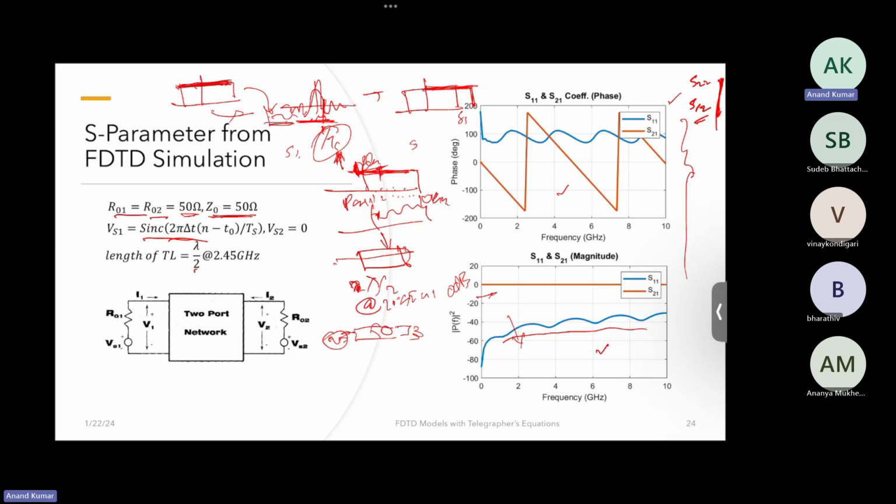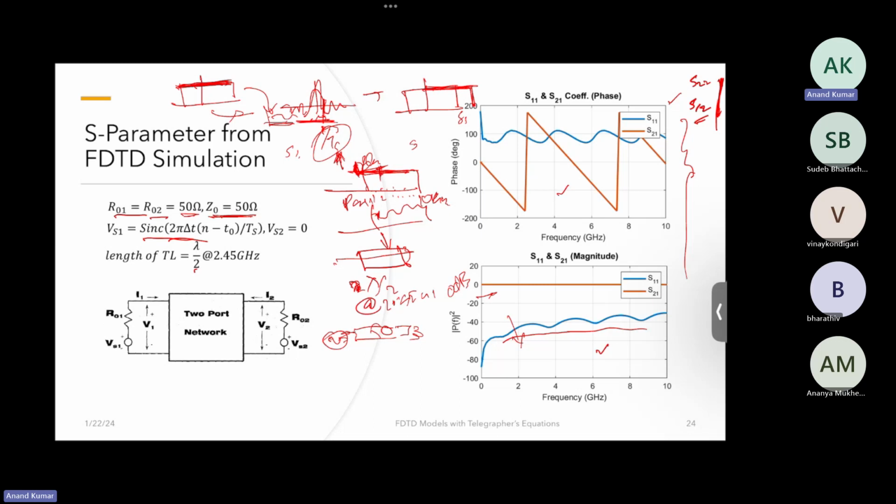Once you have sent an entire band of frequencies together to your device, for example using a Gaussian pulse or a sync function, which is a rectangular pulse in the frequency domain, you're sending power at each frequency altogether, and then you get the response in the frequency domain. You have the information of what signal you sent in at each frequency, and then you can calculate whatever parameters you need after that.